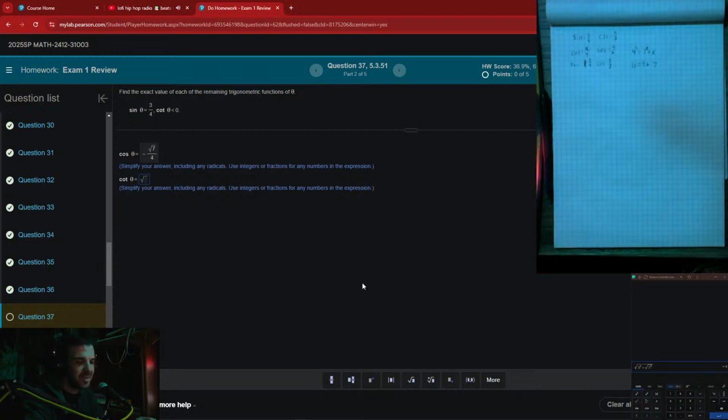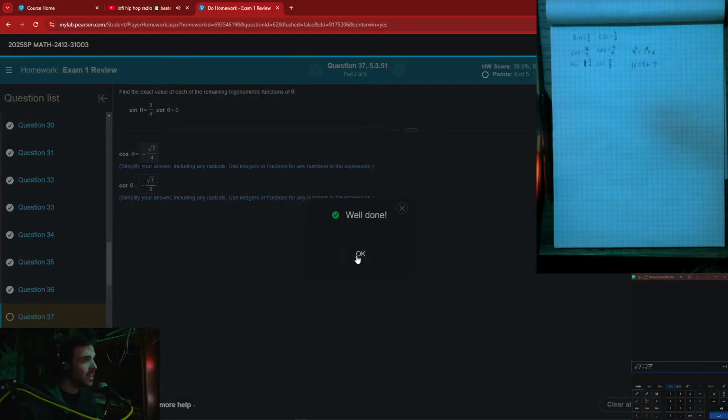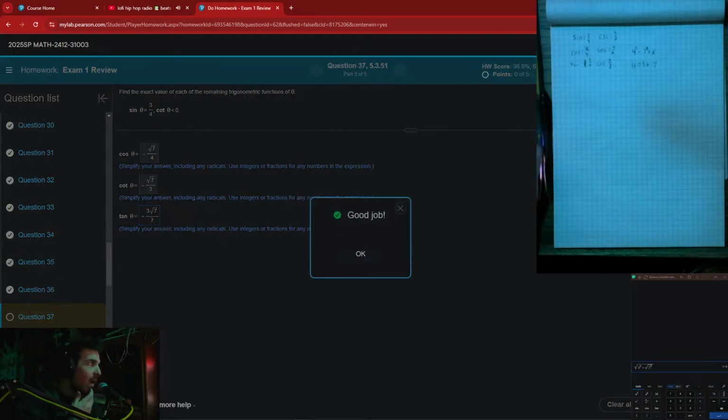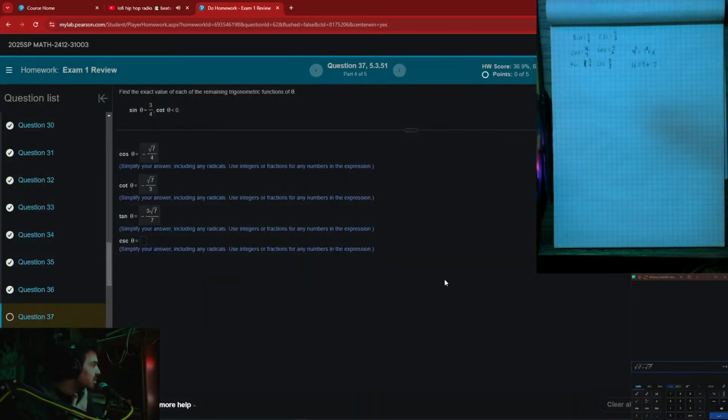So this is square root of 7 over 3. Yeah, but it's negative. Thank God. Okay. Tangent. I keep trying to use r, but you don't need r. Nice.